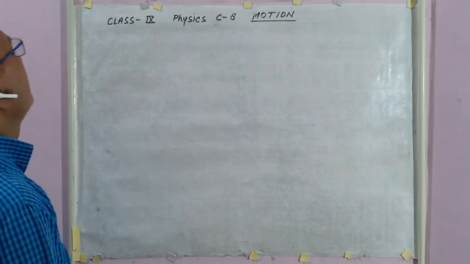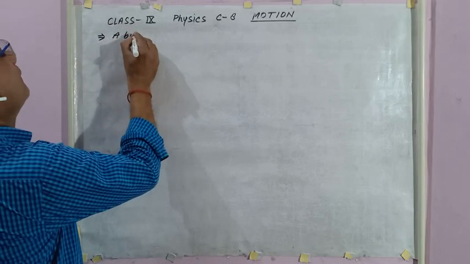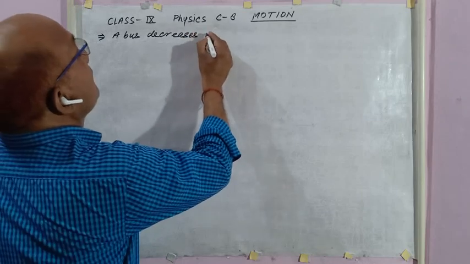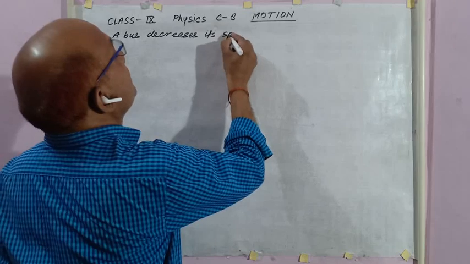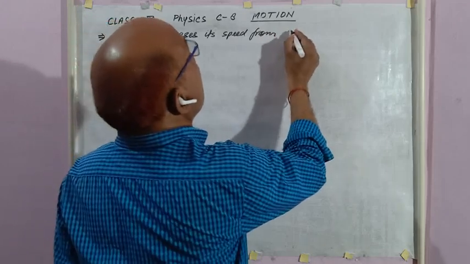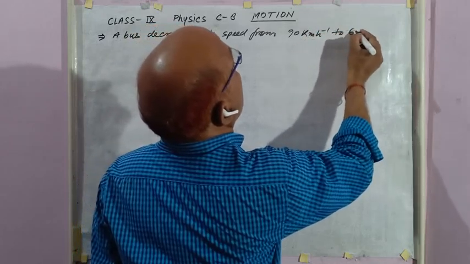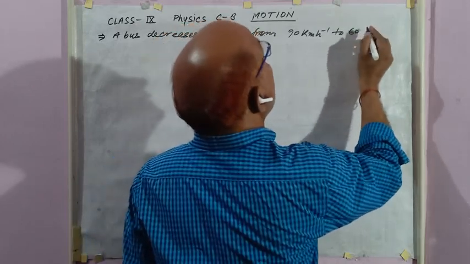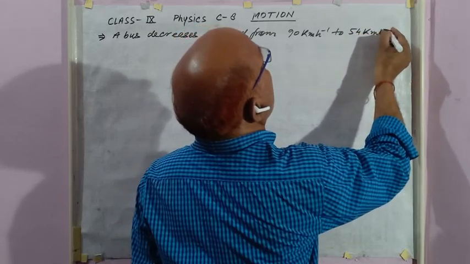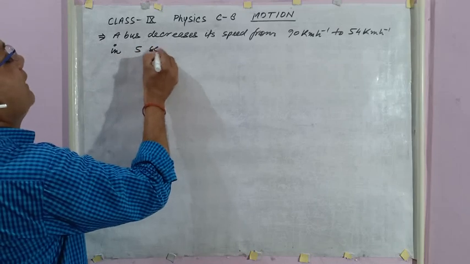Now let us see an example. A bus decreases its speed from 90 kilometer per hour to 54 kilometer per hour in 5 seconds.